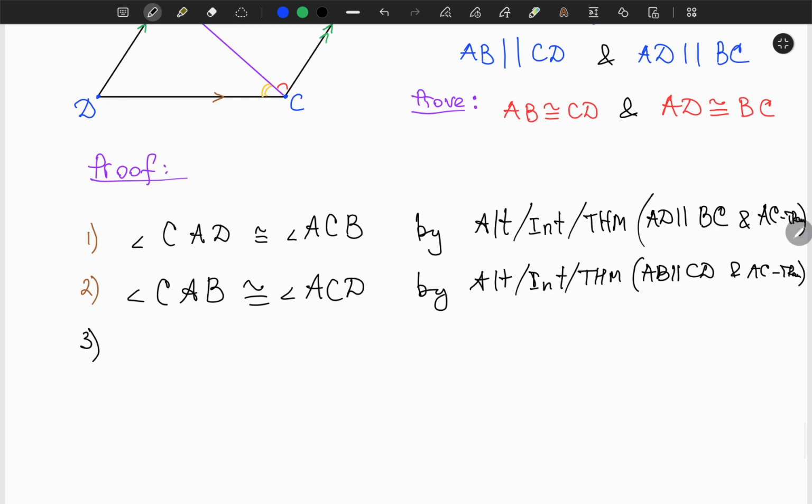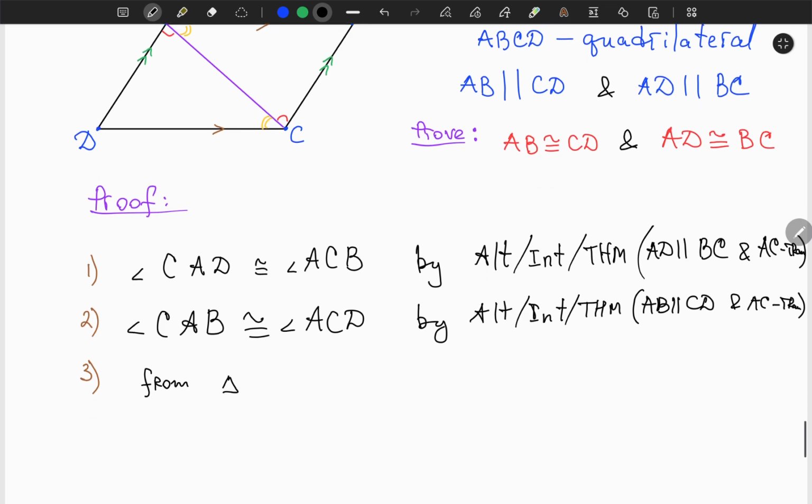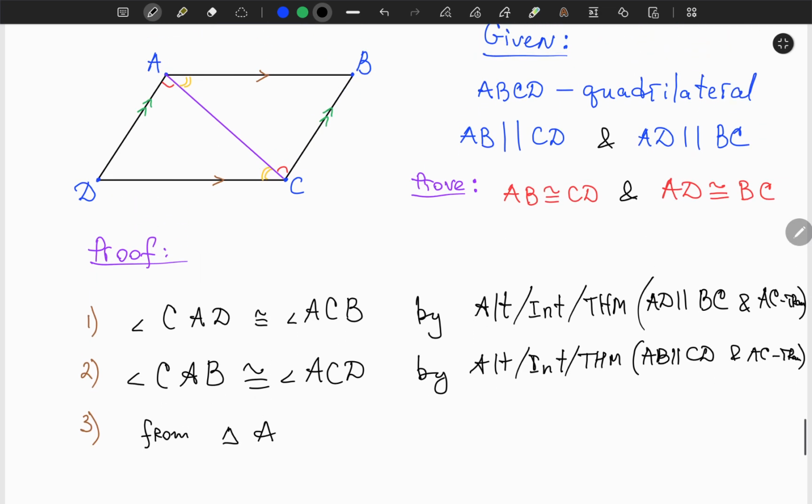Okay, three. From triangle ACD, I start with this angle, I went to this angle, so I start with angle CAB, and triangle CAB. What can we say?